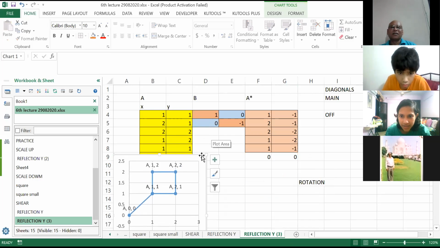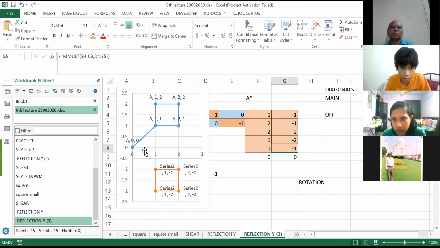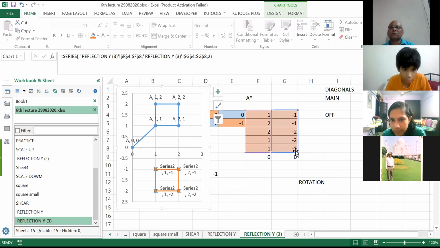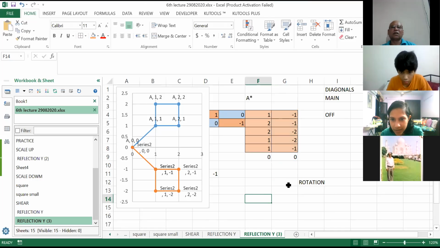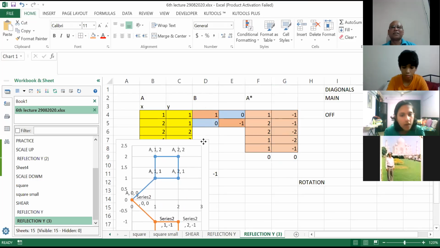Sir, just a second, please. I'm facing a problem. Now you see how it has reflected, because I have not changed the reflection matrix.